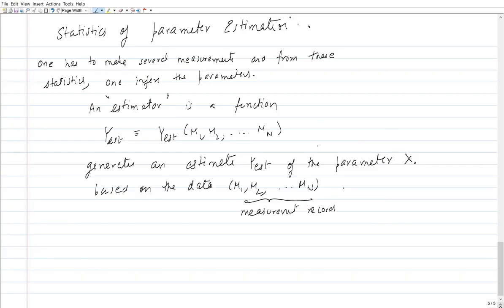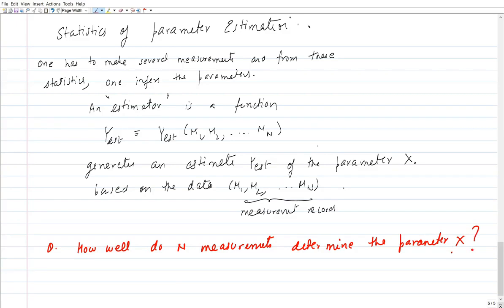So now the question arises, how well do n measurements determine the parameter x? Remember, x in our case, in the example we just saw in the case of quantum metrology, was the frequency omega.